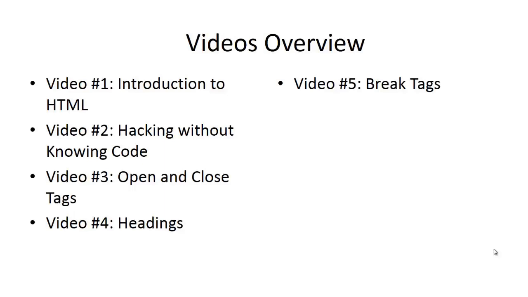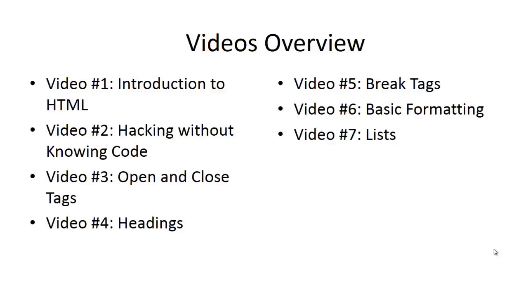This is also good for creating white space between images and everything like that. In video number 6, we're going to talk about basic formatting: underlining, bolding, italicizing, things like that you are going to run into. In video number 7, we're going to talk about lists, unordered lists and ordered lists.